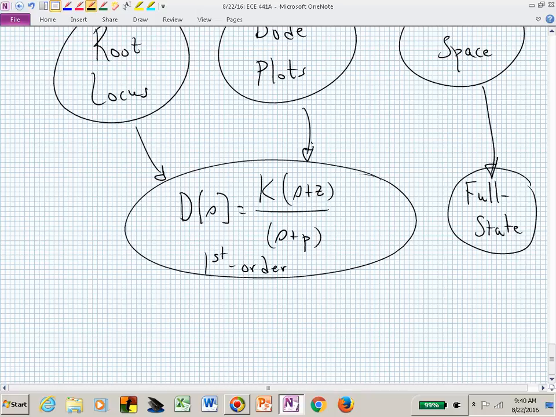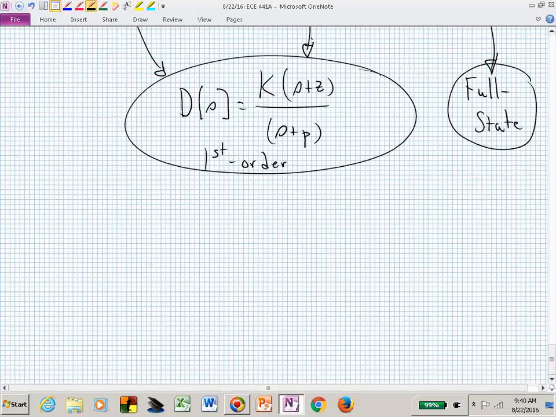But we won't want to just restrict our attention to first order controllers. We may want to go to higher order controllers, and one of the first higher order controllers might be PID. No, don't say PID as a word. If you are interviewing or going out somewhere, it's P-I-D.